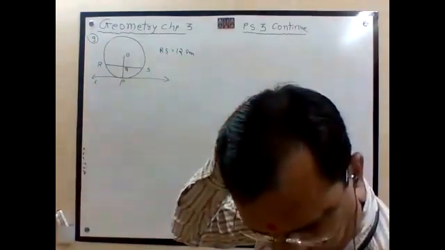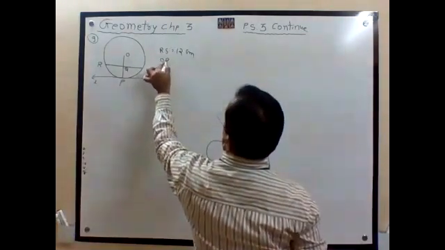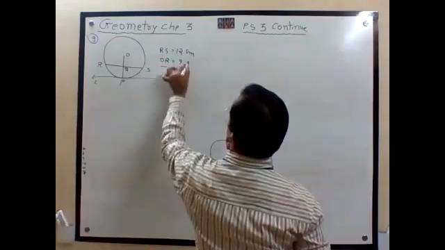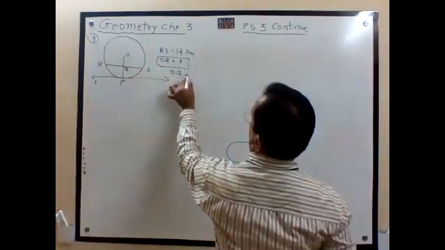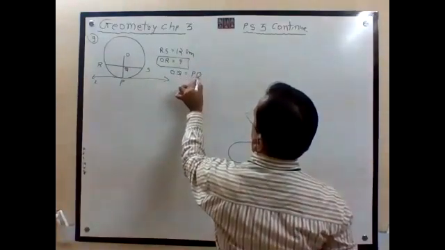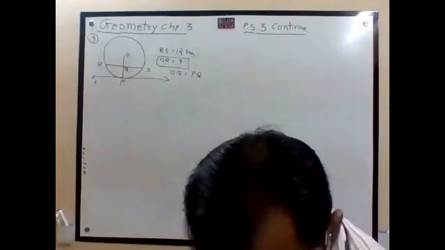We have to find out the radius, meaning OR is equal to how much? And they have given OQ is equal to PQ. Both are equal.